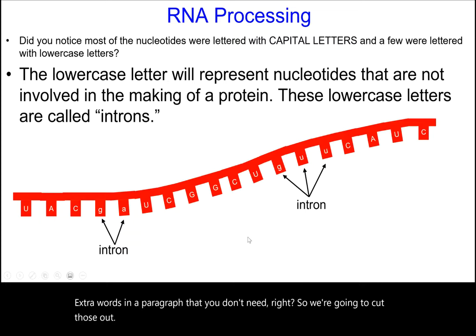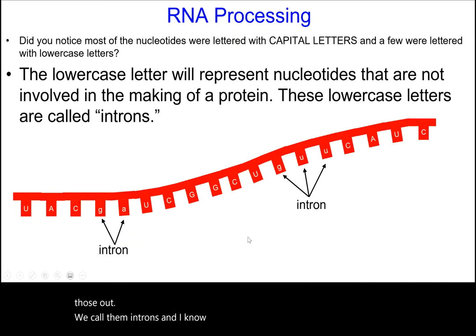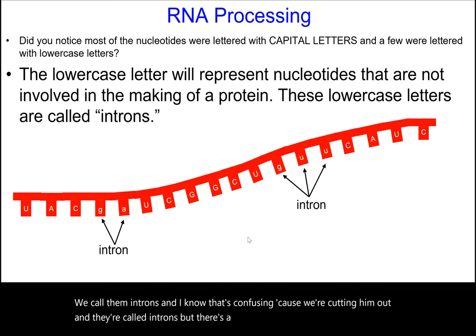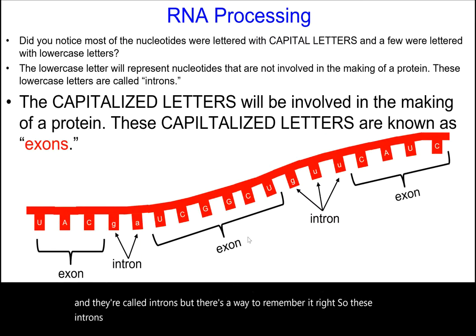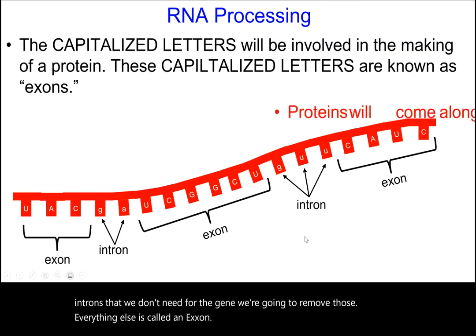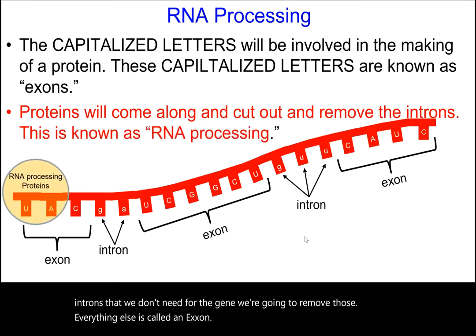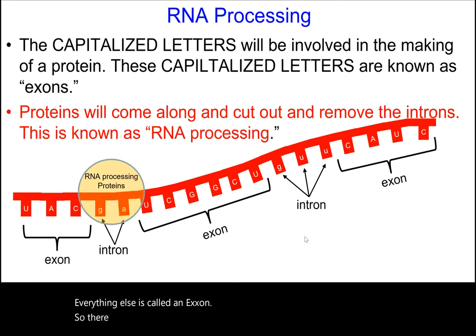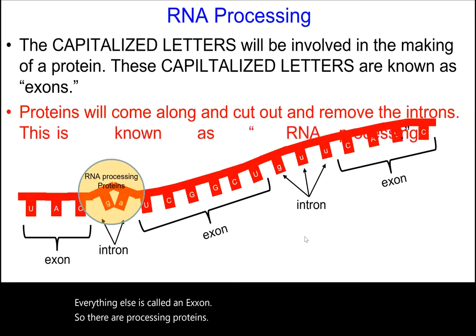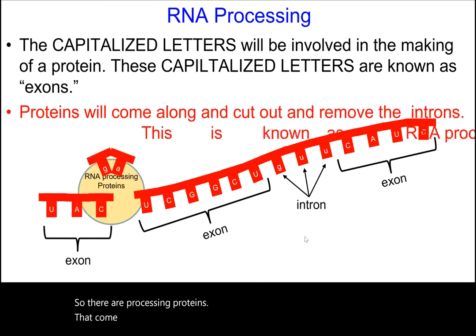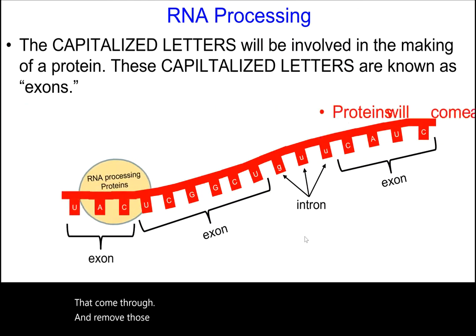We call them introns. Now, I know that's confusing because we're cutting them out and they're called introns, but there's a way to remember it, right? So these introns that we don't need for the gene, we're going to remove those. Everything else is called an exon. So there are processing proteins that come through and remove those introns and reconnect that mRNA strand.